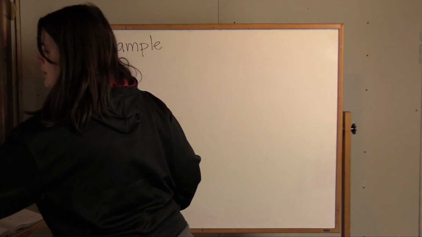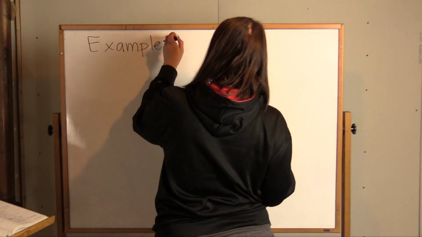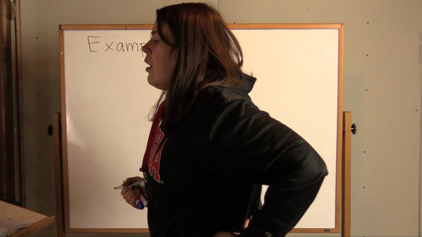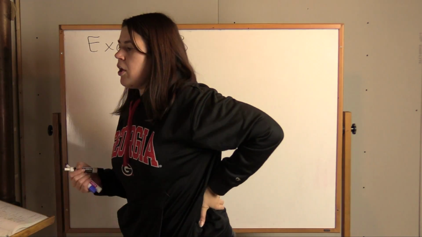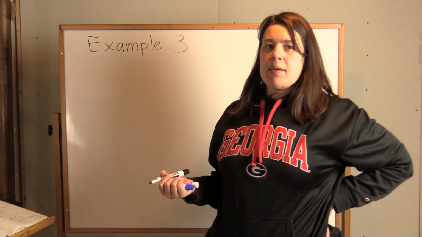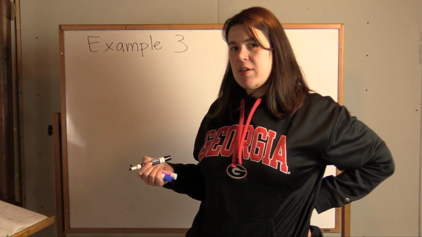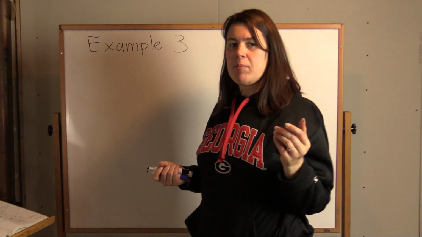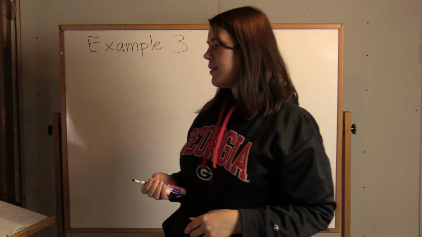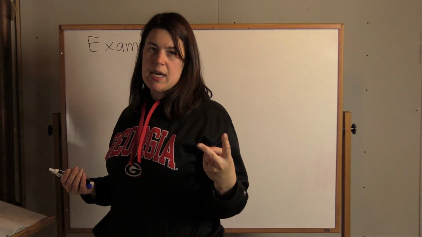All right, moving on to example 3. On this one, you'll notice that we're once again doing the same type of problem, but the signs are different than what we've practiced on example 1 and example 2. On this one, we have 2 negative signs.